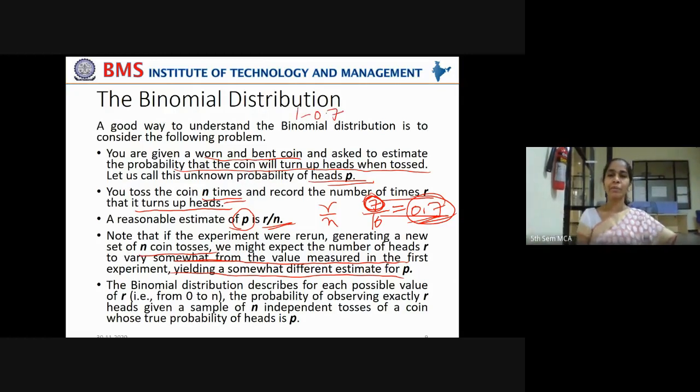In the second experiment, I again tossed the coin 10 times and observed 6 heads. So the probability of observing R heads here is 0.6.